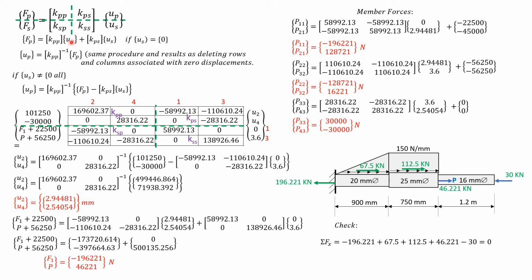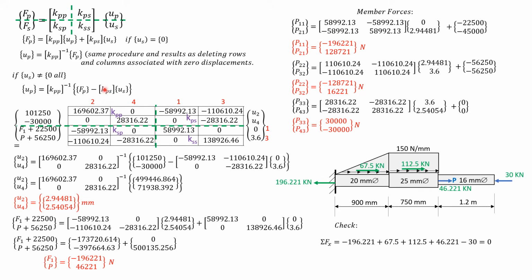Therefore, if you solve for U sub P, it is equal to the inverse of this matrix times this force matrix, which is known, minus this value, the product of this stiffness and this displacement matrix, which can be computed because US are known values. So then you can simplify this. This will give us one force matrix, column matrix specifically. Then we can solve for U sub P.